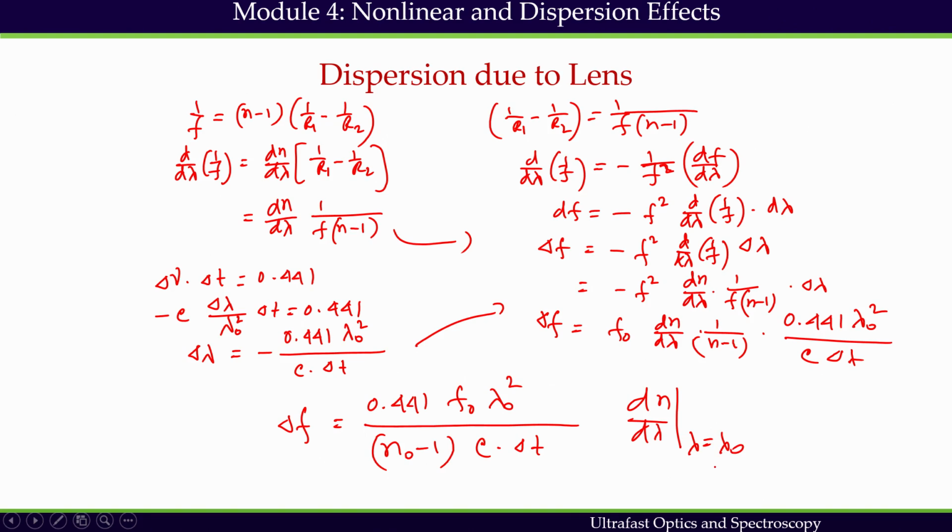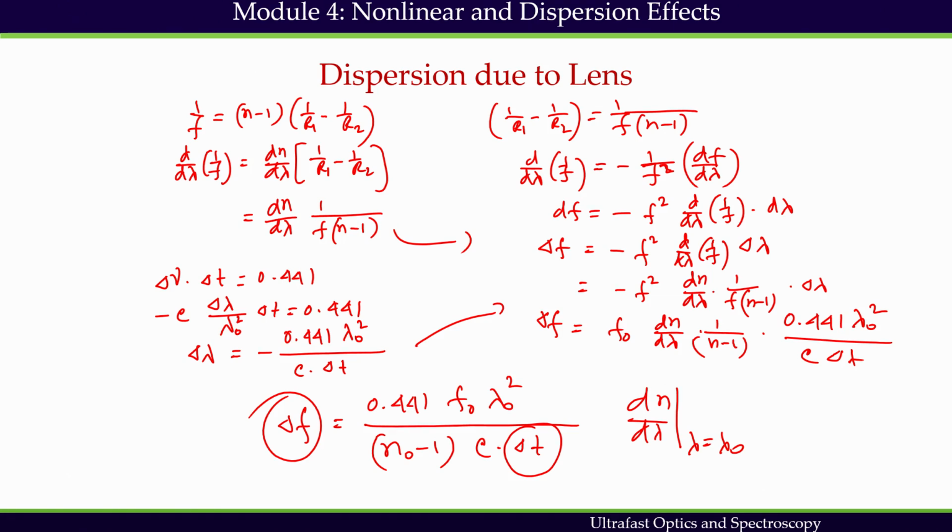So this suggests that delta f, the spread of the focal point, will depend inversely on delta t. A shorter pulse will have a much longer spread of the energy over the focal point on the optical axis.